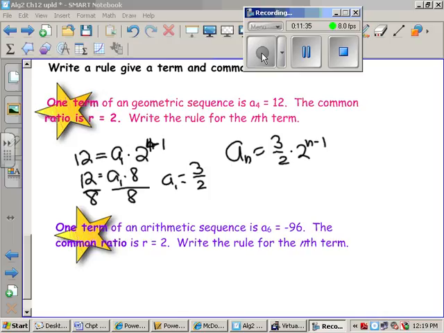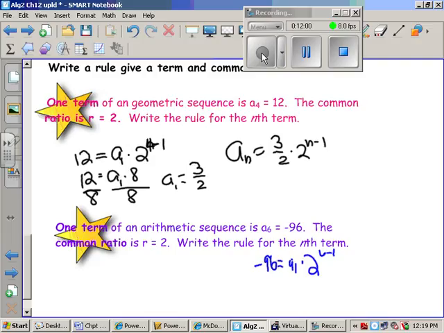The a sub 6 is negative 96, so you start with negative 96, because you have to find what a sub 1 is. So you do a sub 1 times 2, since that's the common ratio, to the 6 minus 1, which is 5.